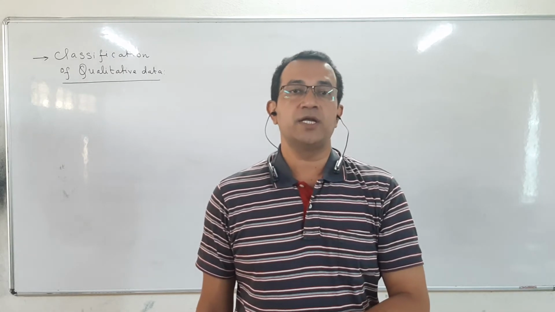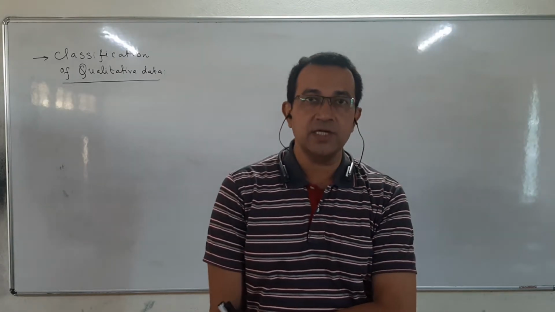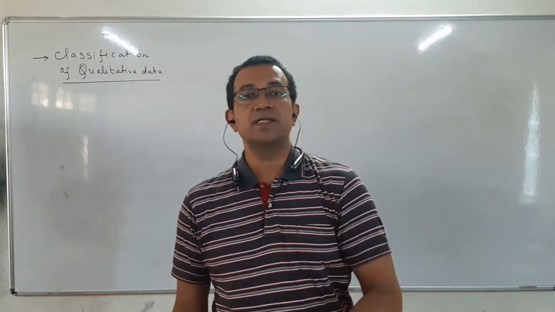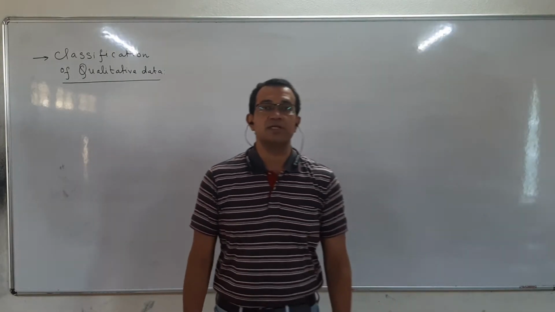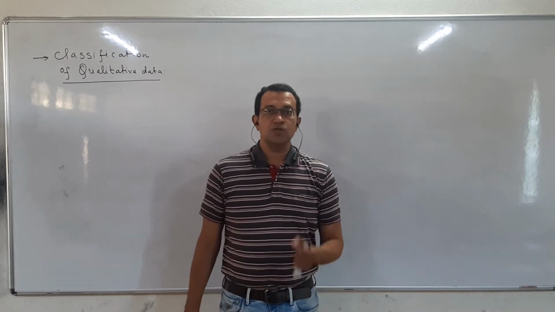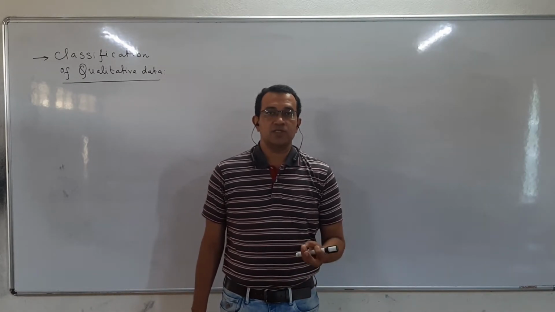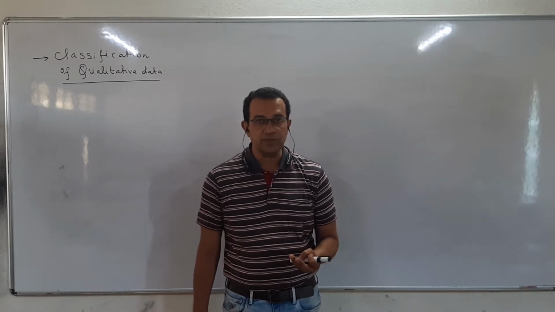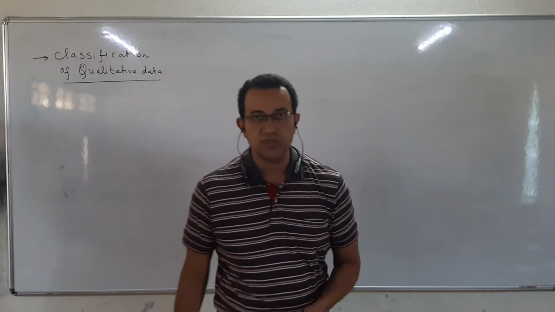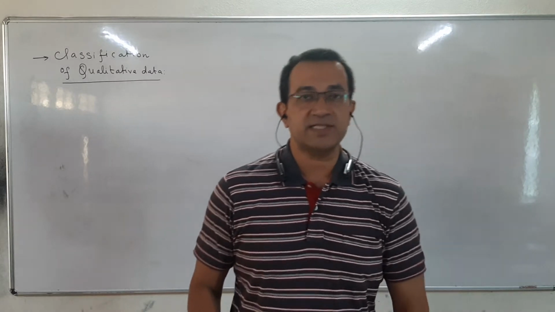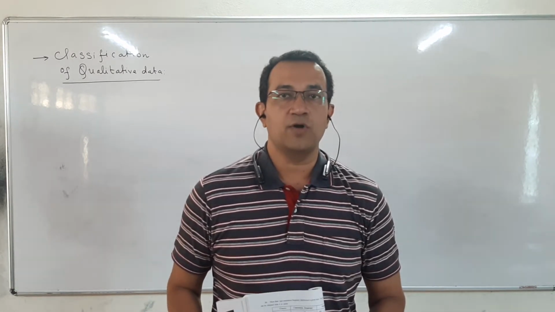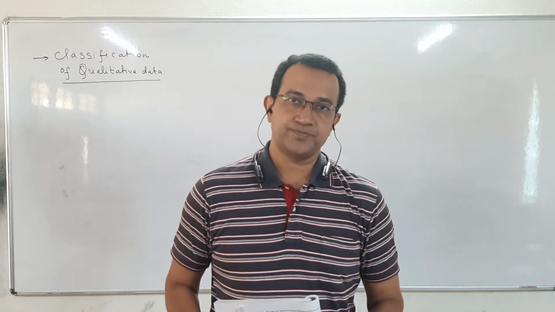Generally, qualitative data is always arranged in the form of rows and columns, and whenever we consider rows and columns, it is nothing but a table. So once again, the process of systematically arranging qualitative data or attributes in the form of rows and columns on the basis of standard of classification is called classification of qualitative data.